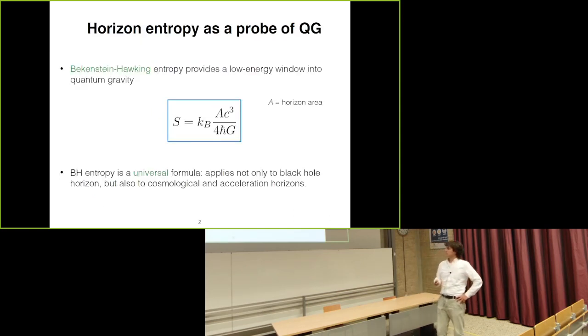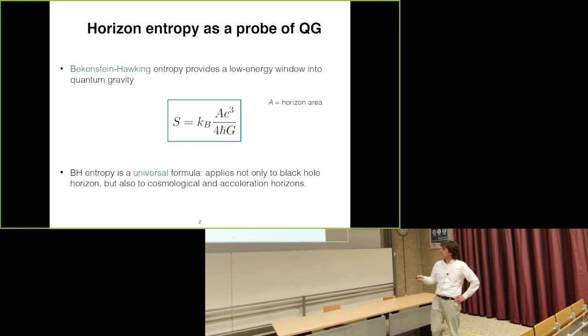The motivation comes really from the Bekenstein-Hawking entropy, which I think gives us a key insight into quantum gravity from low energies. The Bekenstein-Hawking entropy is proportional to the area of the boundary, and it is indeed a quantum gravitational effect because both h bar and G appear in the formula.